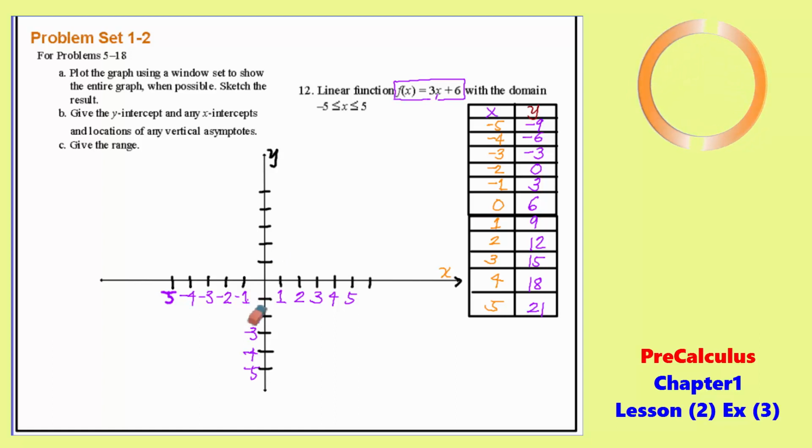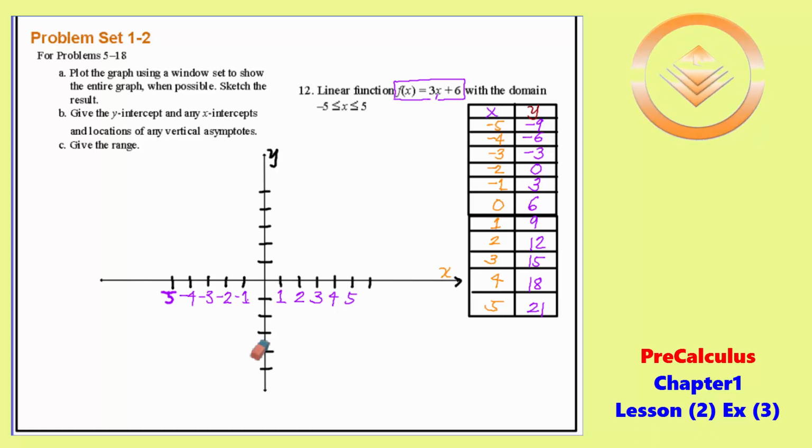So how am I going to do that? I'm going to change my scaling only for the y-axis, with a difference of 3. So I'm going to write down numbers which are in difference of 3.